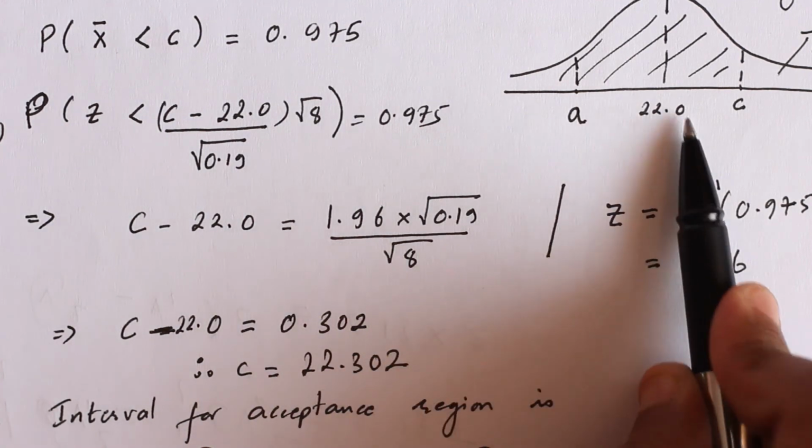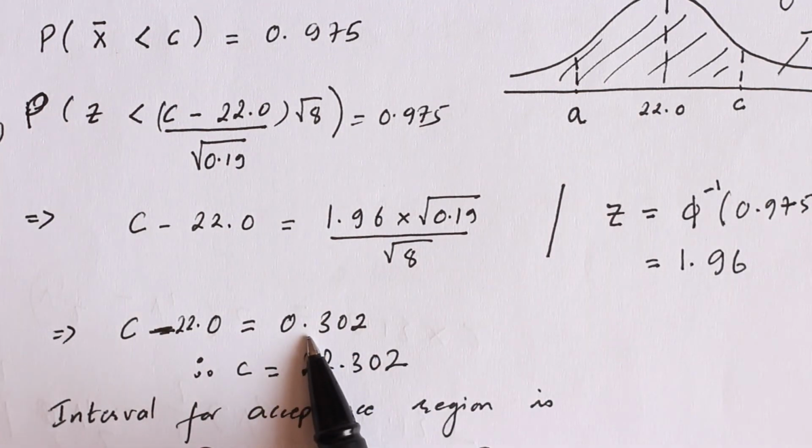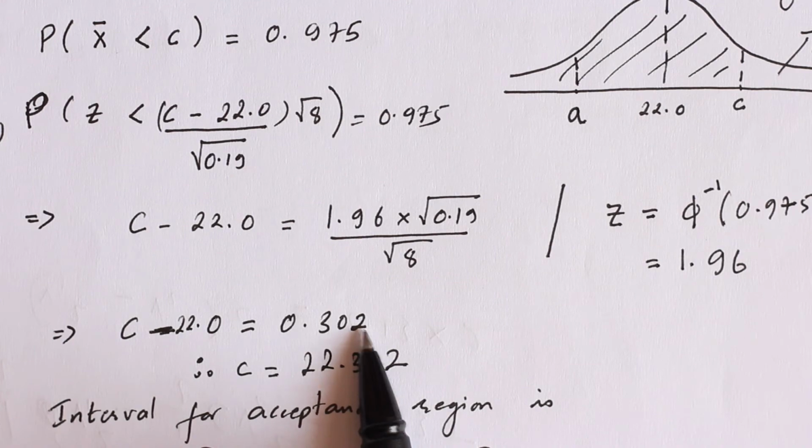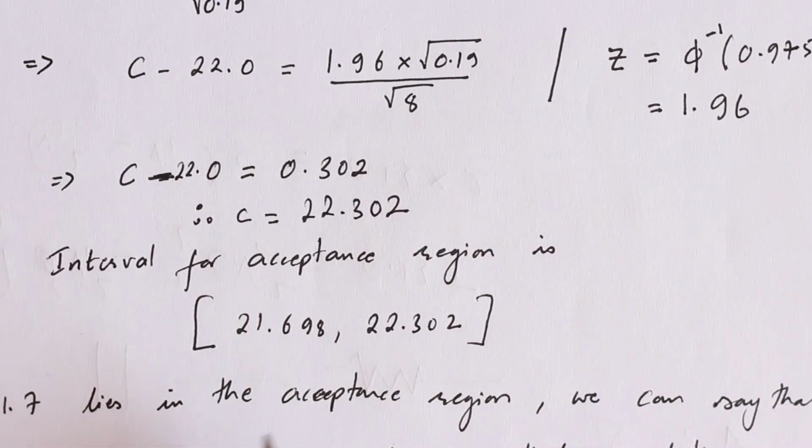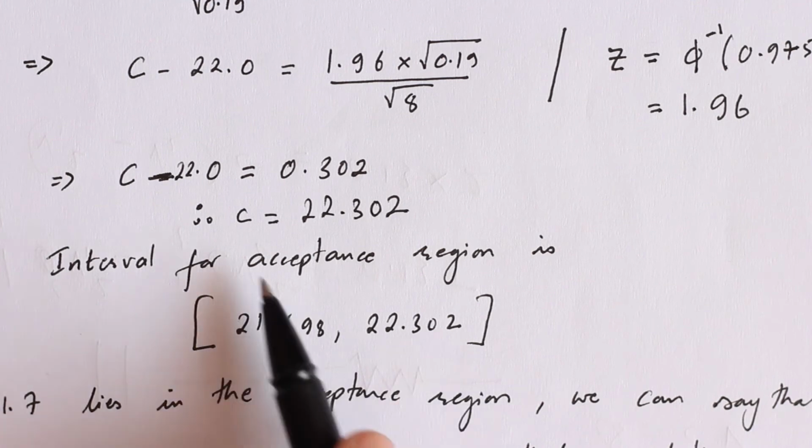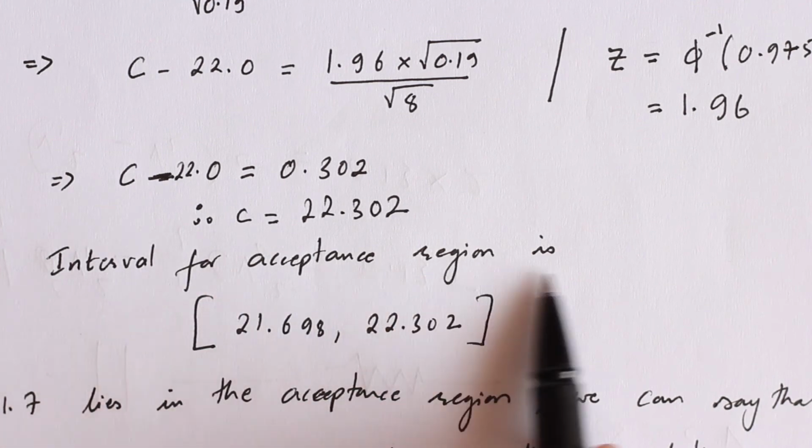So if you subtract that from 22, you get 21.698, and 22.302 as the interval of acceptance region.